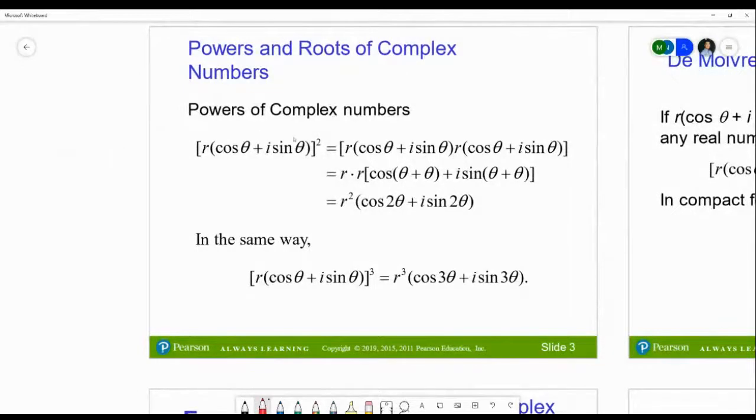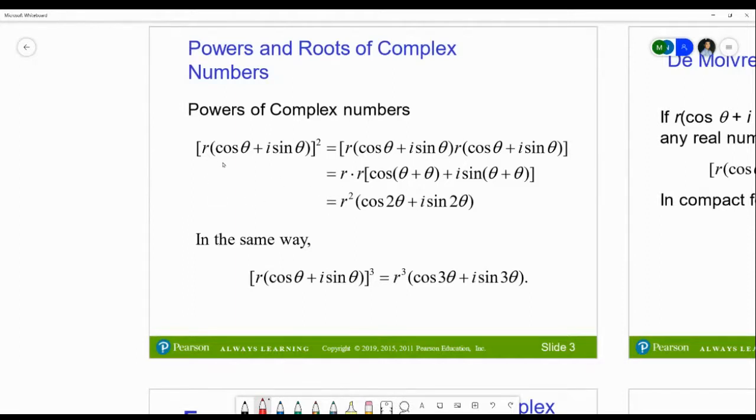So, power of complex numbers. Last time we talked about how to multiply two complex numbers together in trig form. We do that by multiplying the values of the r, and adding the angles together, right? So if I have r1 times r2, you would just take r1 times r2.